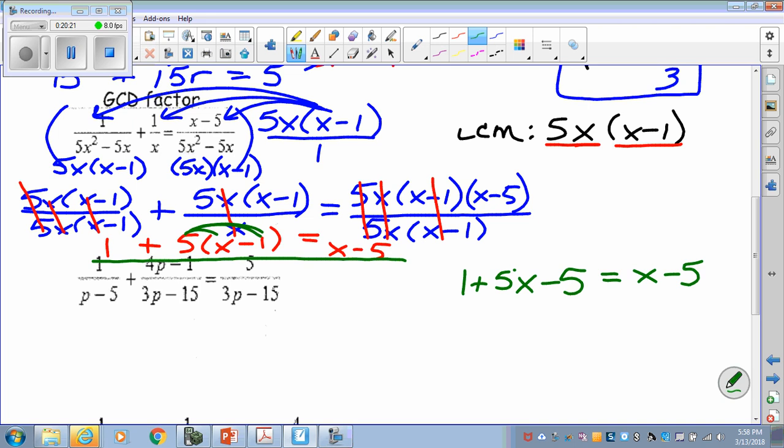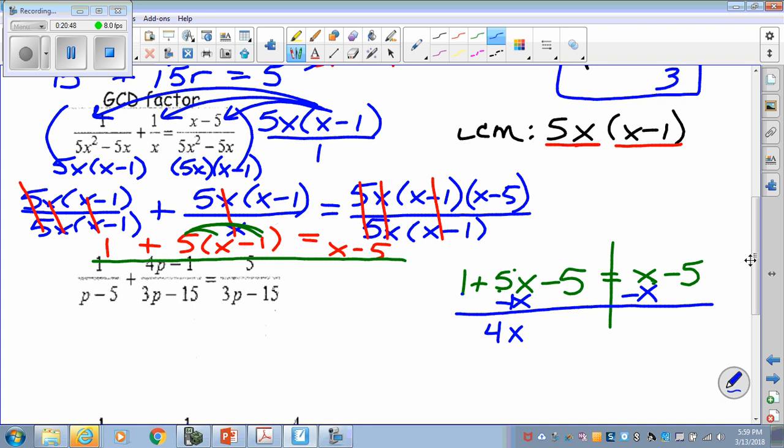All right, and then now my x's are on different sides, so I can't add them together, I can't make that 6x. What I'm going to do is minus x over here and minus x over here. Right? So I have 5x minus x is 4x. Right? 5 minus 1 is 4x.